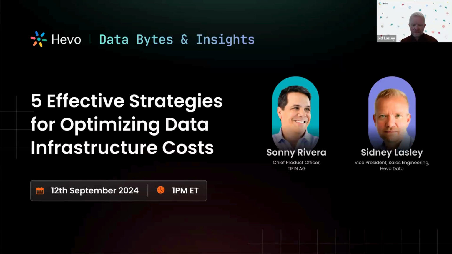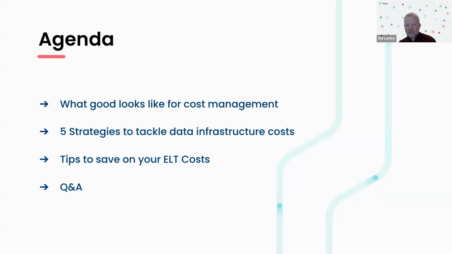Thanks, Sonny. Let's dive into our topics for today. For our agenda, we're going to take a look at what good looks like from a cost management perspective. What mindset would you bring to the table to be able to manage that? And then Sonny will dive into 5 distinct strategies you can use to tackle data infrastructure costs.